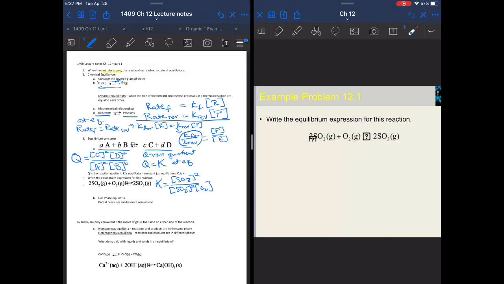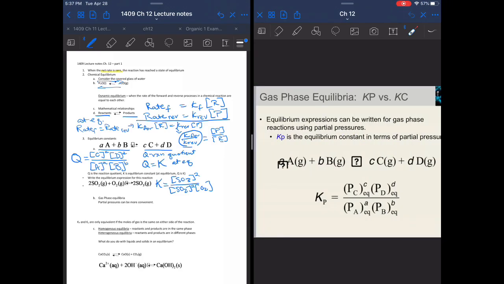Something else to be aware of is aqueous solutions are often dealt with in terms of concentration, and sometimes gases are as well. But sometimes it's easier to discuss gases using their partial pressures. And so an equilibrium constant that uses pressures, right?